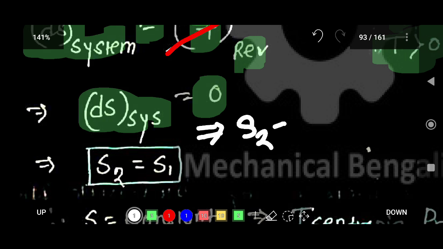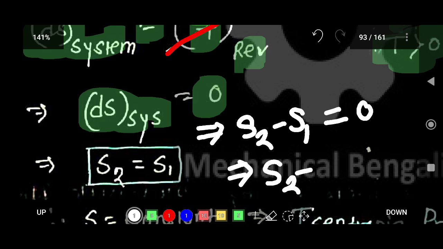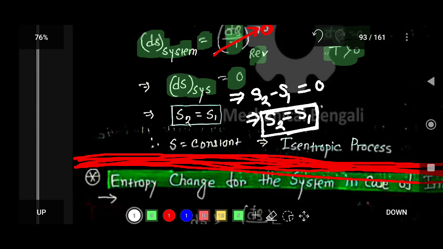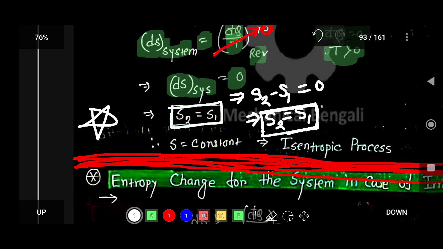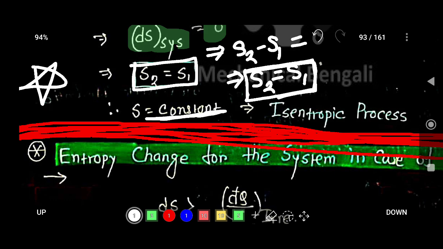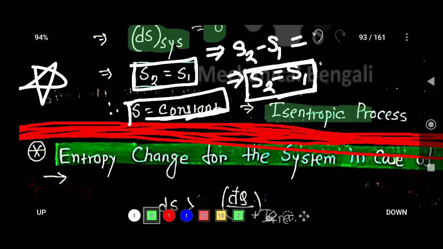So S2 minus S1 equals 0, which means S2 equals S1, that is, entropy is not changed. For a reversible adiabatic process, the entropy is constant. As the entropy is not changing, this is an isentropic process.